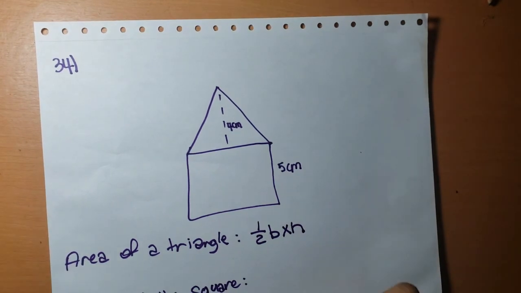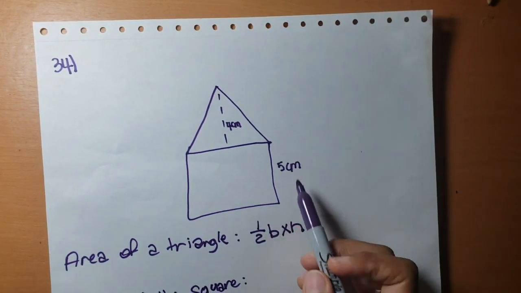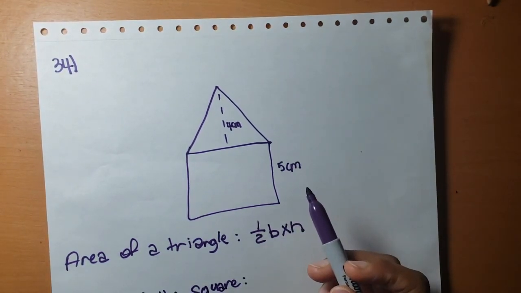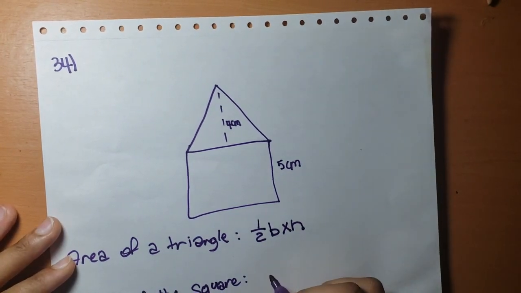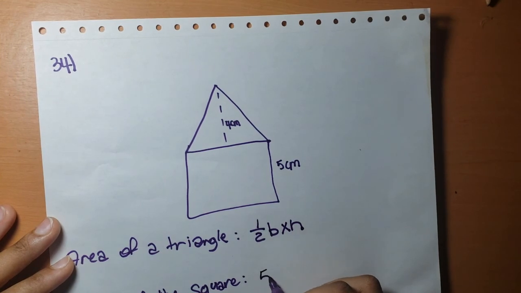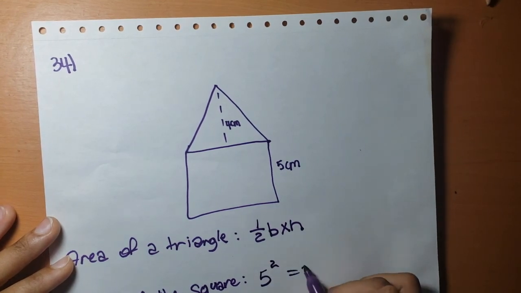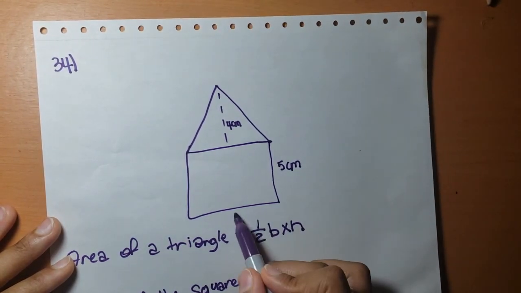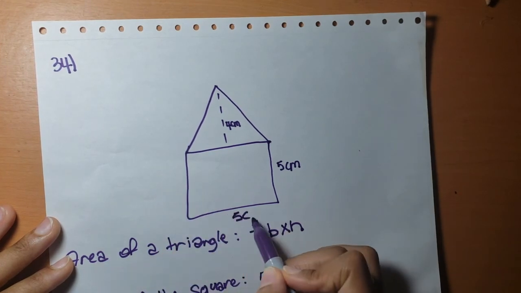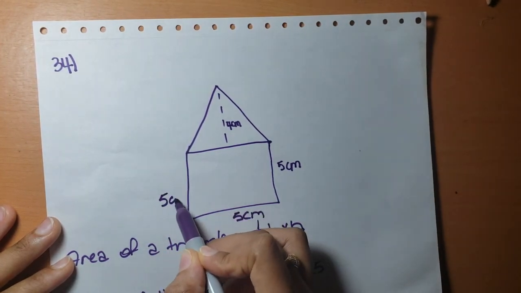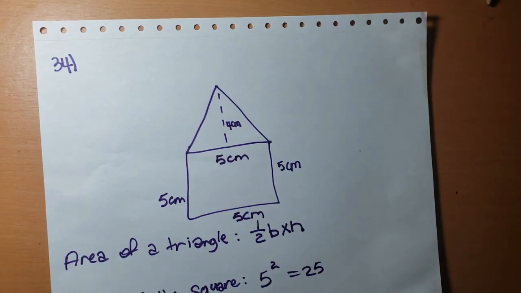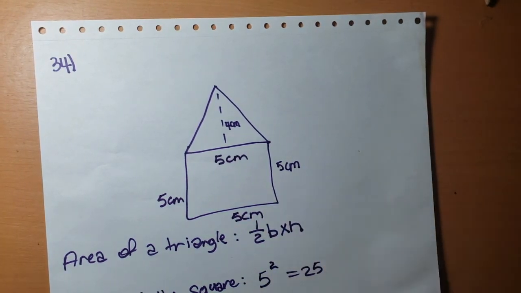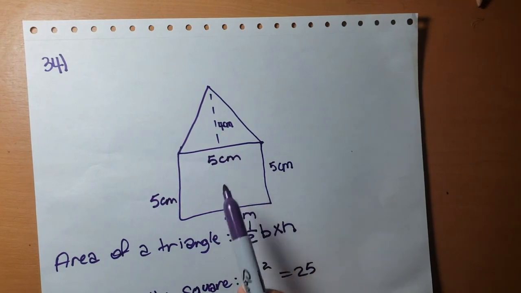And for the area of the square, you can just multiply one side by itself. So the area of the square would be 5 squared, which is equal to 25. Because this is 5, this is 5, and this is 5. So the area of the triangle is half base times height. I see a height, I don't see a base. Well, they didn't give us the base initially.